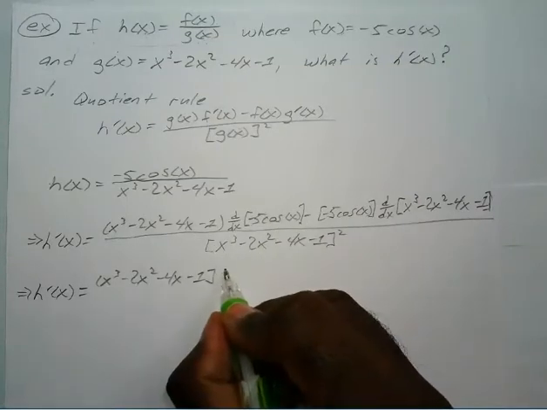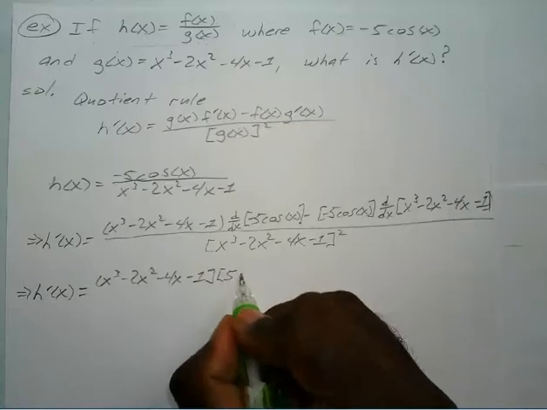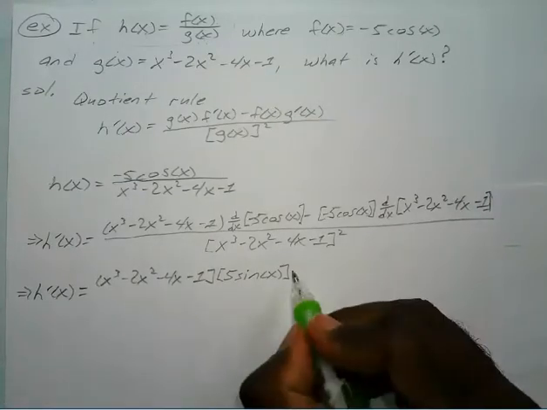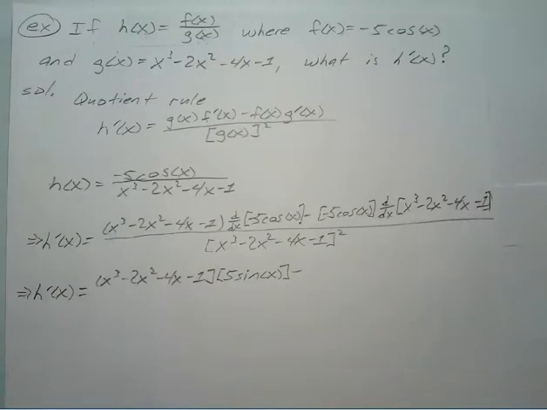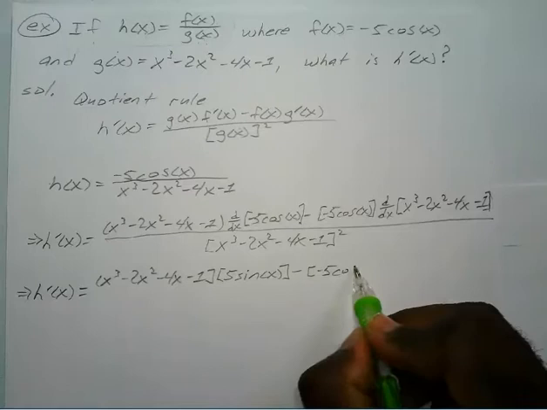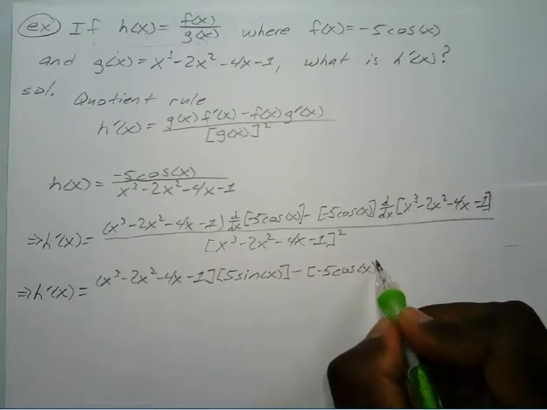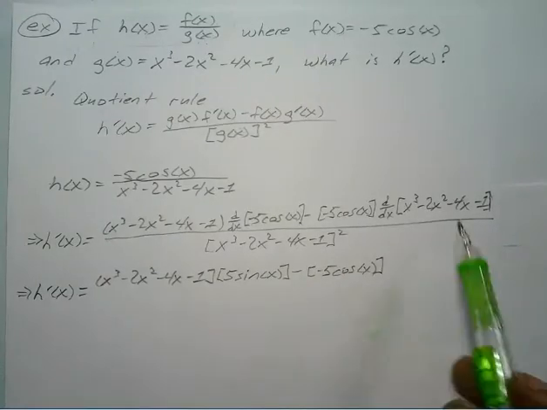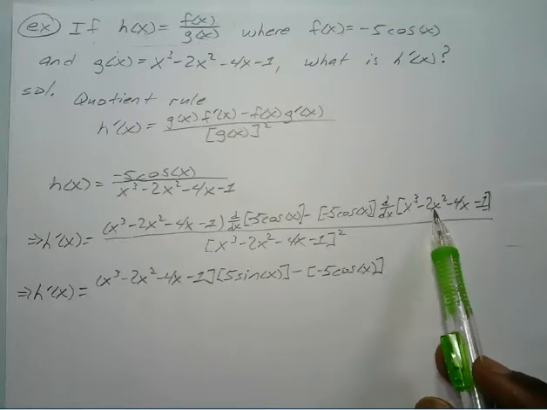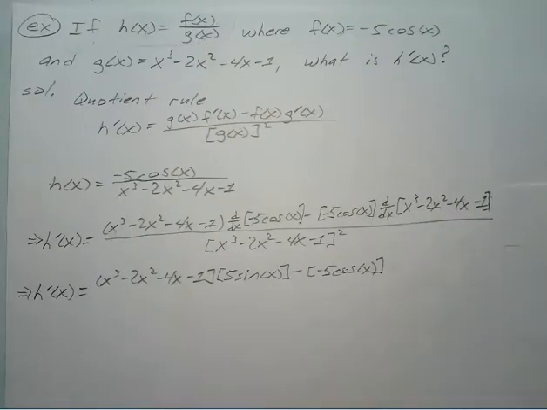Okay, so that's times 5 sine of x minus negative 5 cosine of x times the derivative of x to the third minus 2x squared minus 4x minus 1.